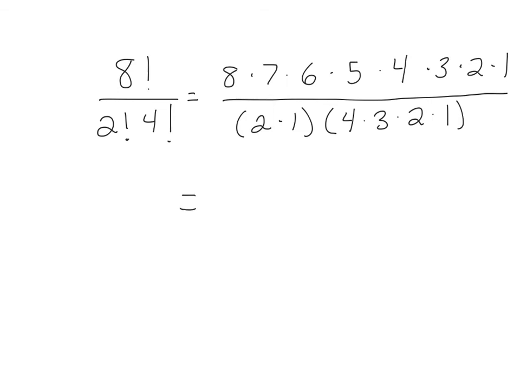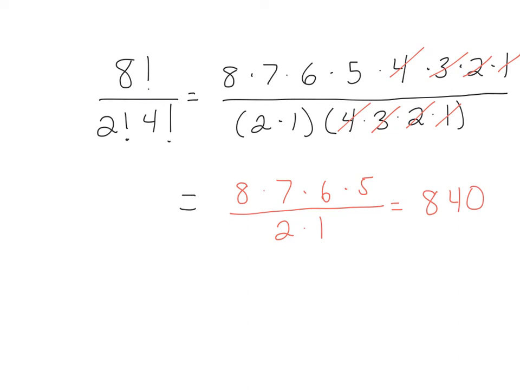Now, you could do the exact same thing as you did there. I had a 4 here, 4, 3 and 3, 2 and 2, 1 and 1. And that will leave me with 8 times 7 times 6 times 5 over 2 times 1. And what you're going to end up with is 840.